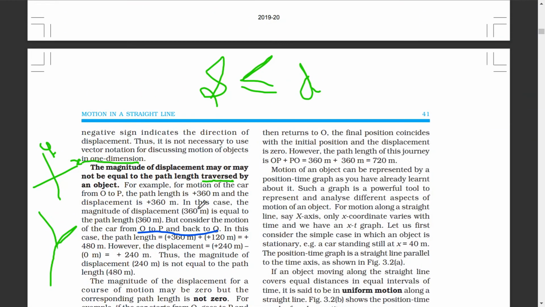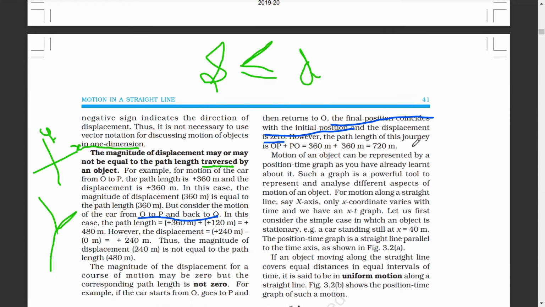However, if it returns to P, the final position coincides with the initial position, then the displacement is 0. However, the path length from OP plus PO equals 360 plus 360, which is 720. Like if your school is 3 kilometer far, if you go from your home to school and come back to your home, then the displacement will be zero, but your path length covered will be 6 kilometer.